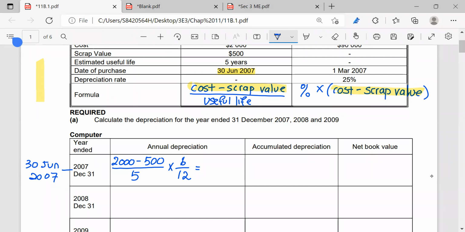Okay, so I'm just going to cheat a little. Look at my answer. So it's 150. For accumulated depreciation, remember the definition? It's total depreciation to date. Since this is the first year we are depreciating, the total depreciation to date is just 150.